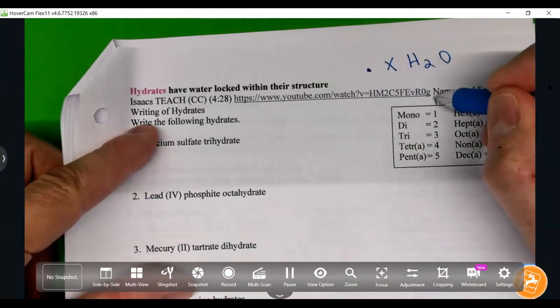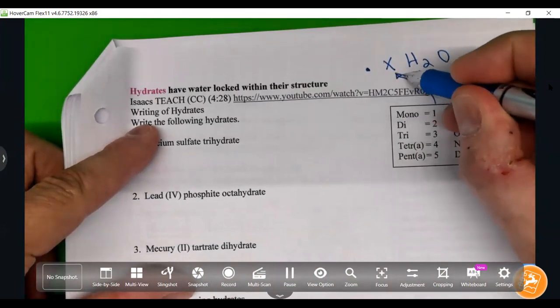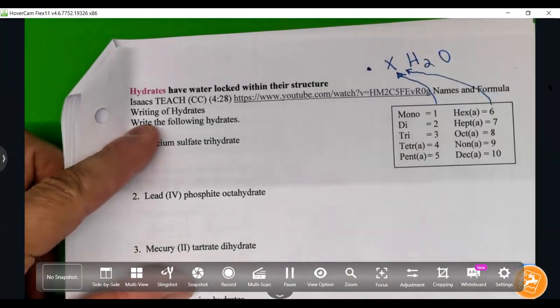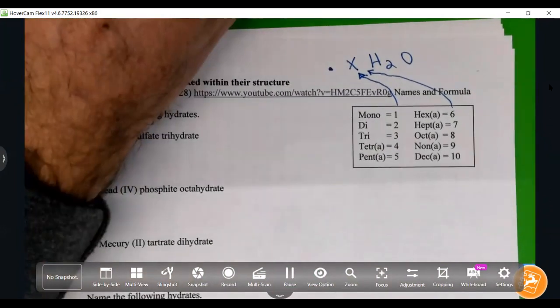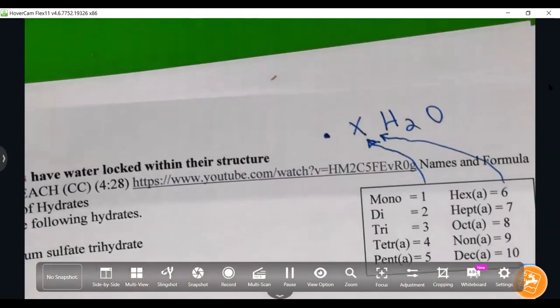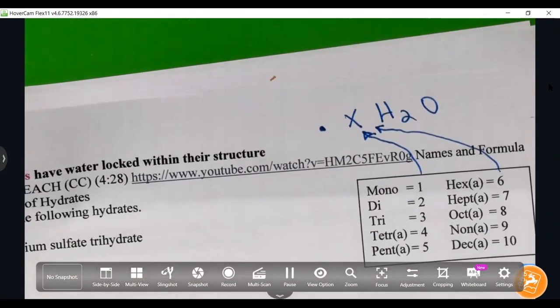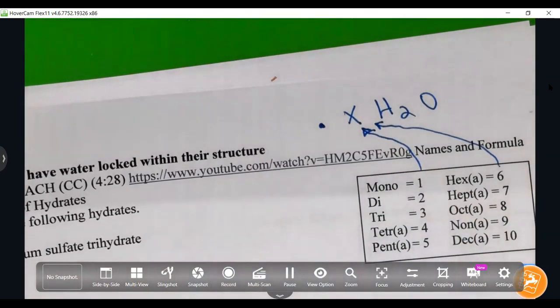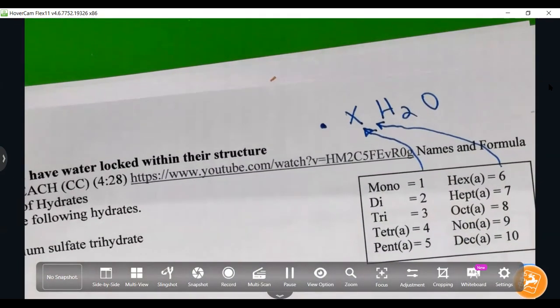And the numbers come from this chart. So not much different. We're just going to put a multiplication dot to signify the hydrates here.